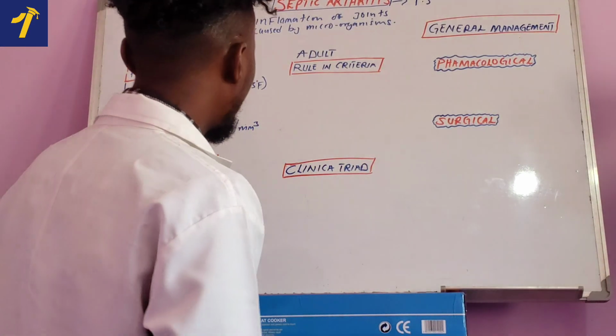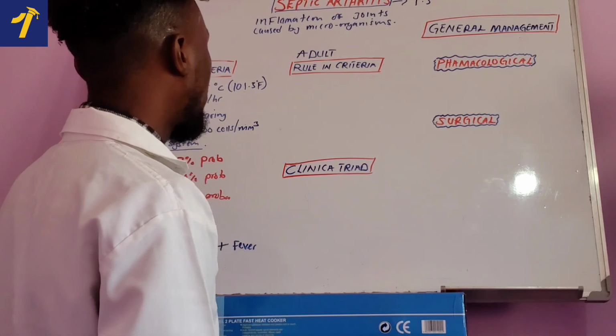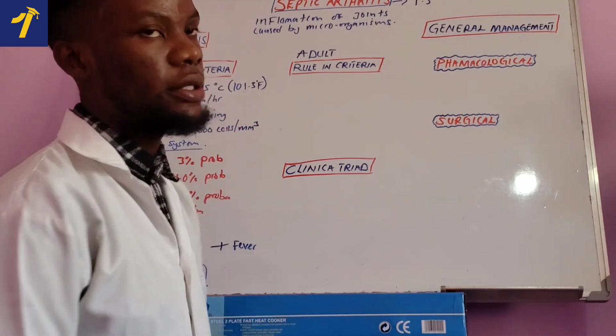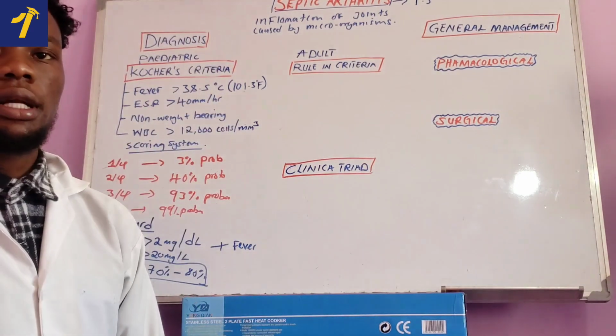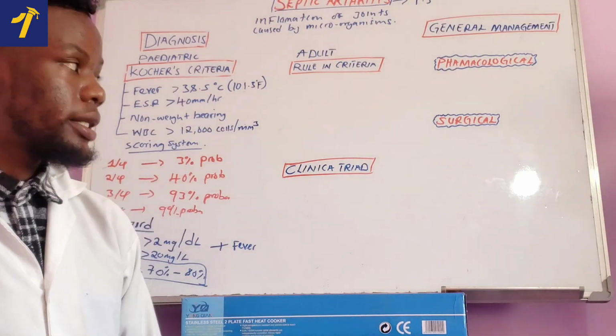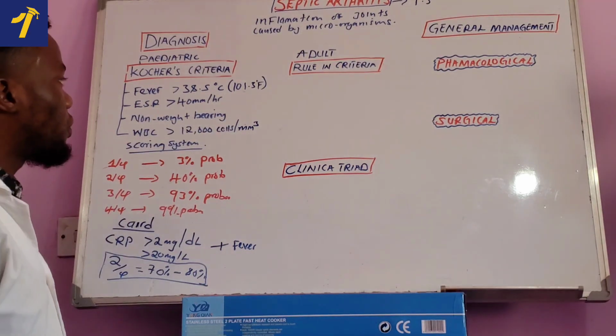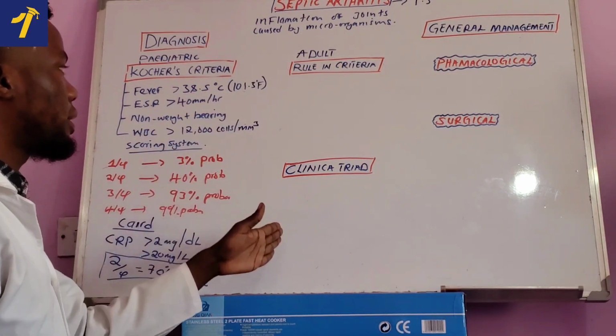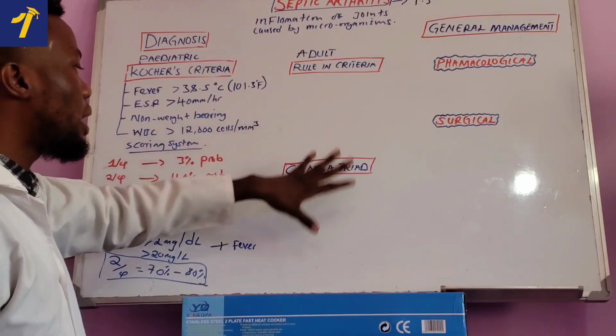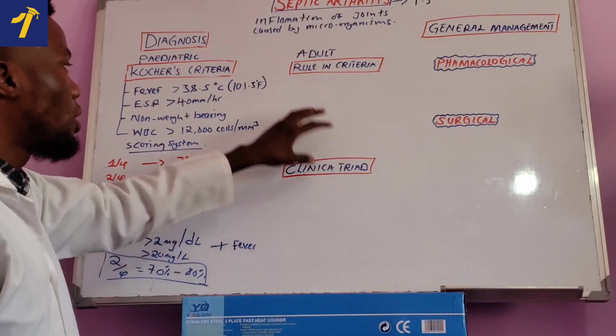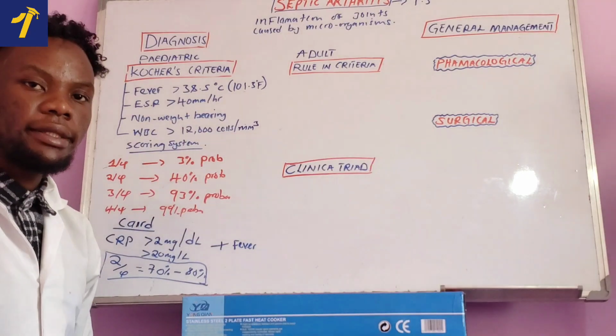Okay, now let's go to the diagnosis of septic arthritis in adults. How do you diagnose septic arthritis in adults? Yes, we know, because we've got 2 criteria here: the rule-in criteria and the clinical triad. So rule-in criteria, what does it mean?